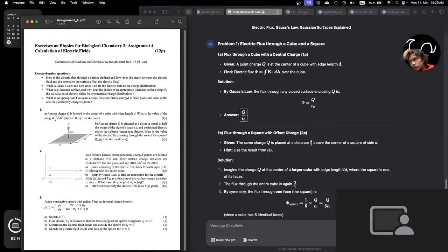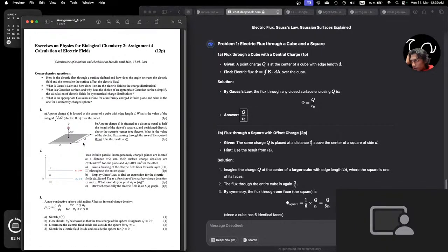A point charge is situated at a distance equal to half the length of the side of the square d and positioned directly above the square's center. See figure, okay?